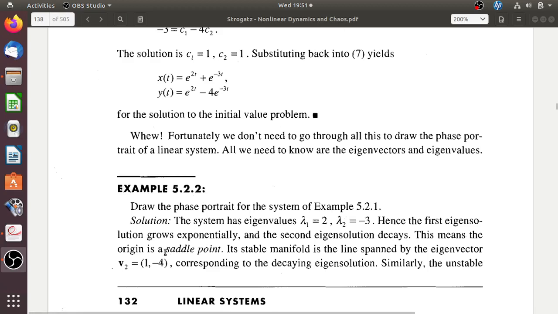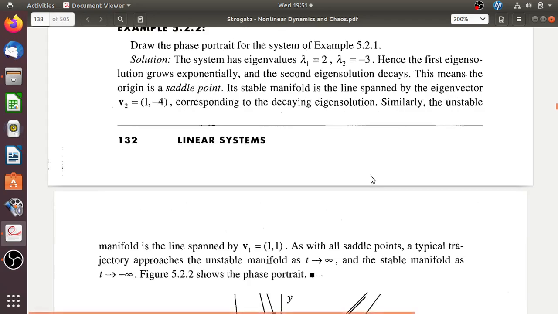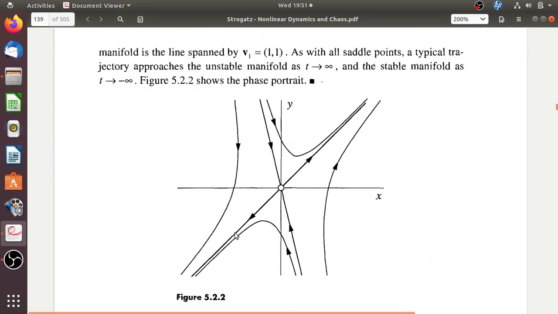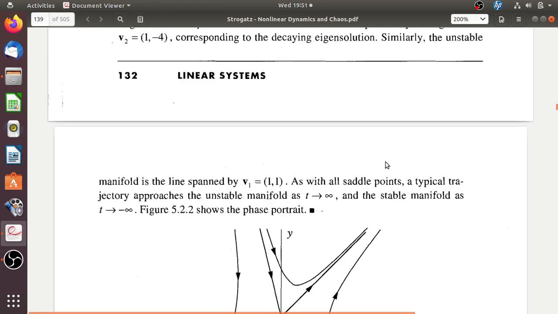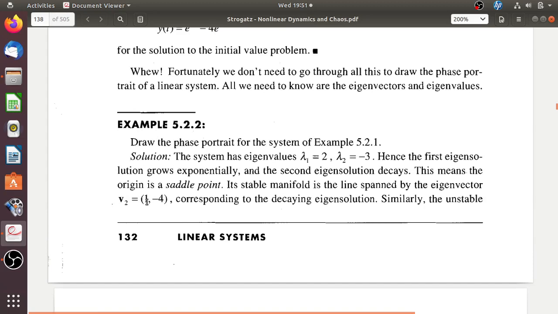It's a saddle point. And at that saddle point, there are two straight line trajectories, where one is called the unstable manifold, which is along this line, and the other is the stable manifold, which is along this line. Now if we draw the phase portrait, this is the vector 1 comma 1, and this is another vector, 1 comma minus 4.